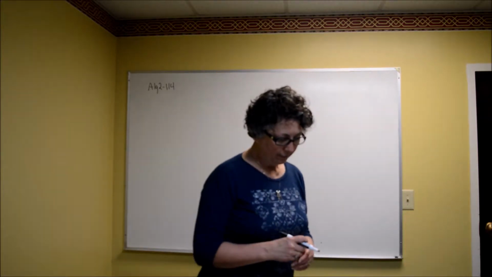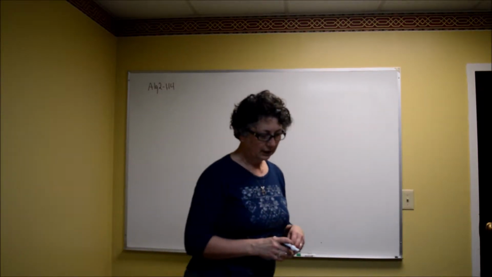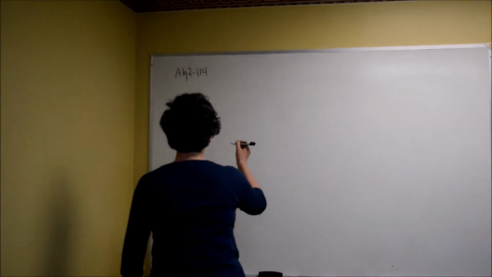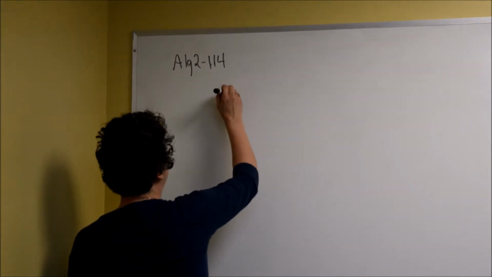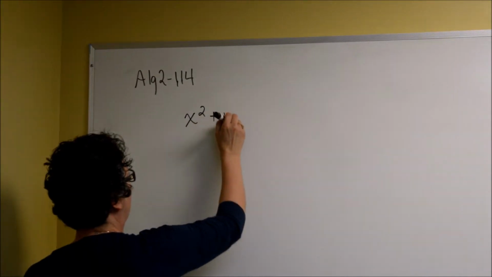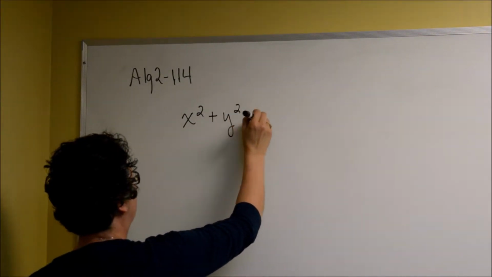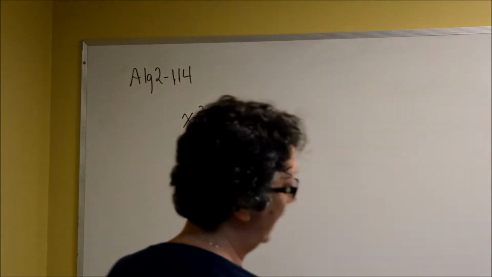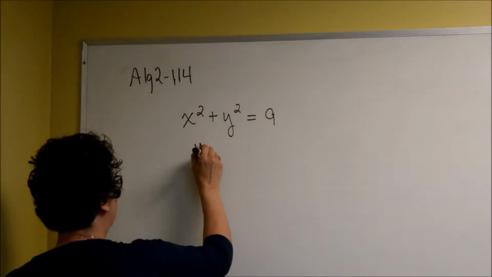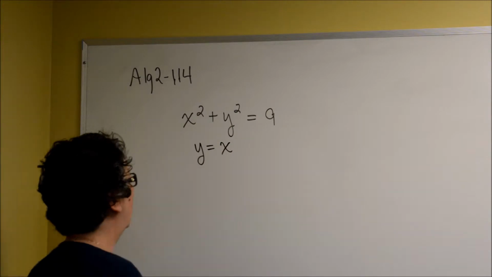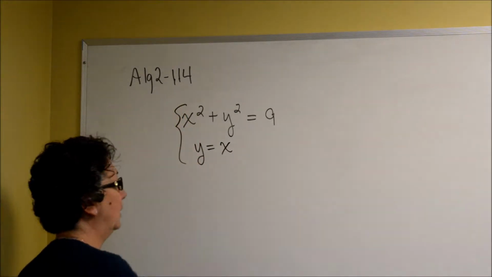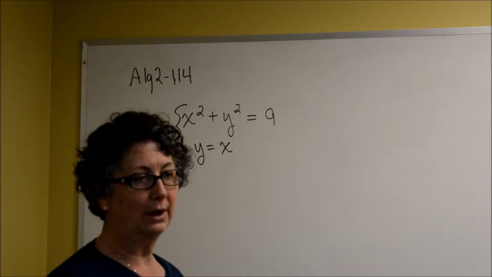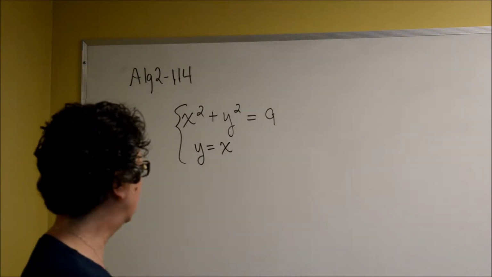Now we're going to have nonlinear inequalities. So they're going to look very similar. This first one, I'm going to write them as an equation first. X squared plus y squared is equal to 9, and y is equal to x. So this could be our system of equations, and we would be looking for a point or points of intersection.